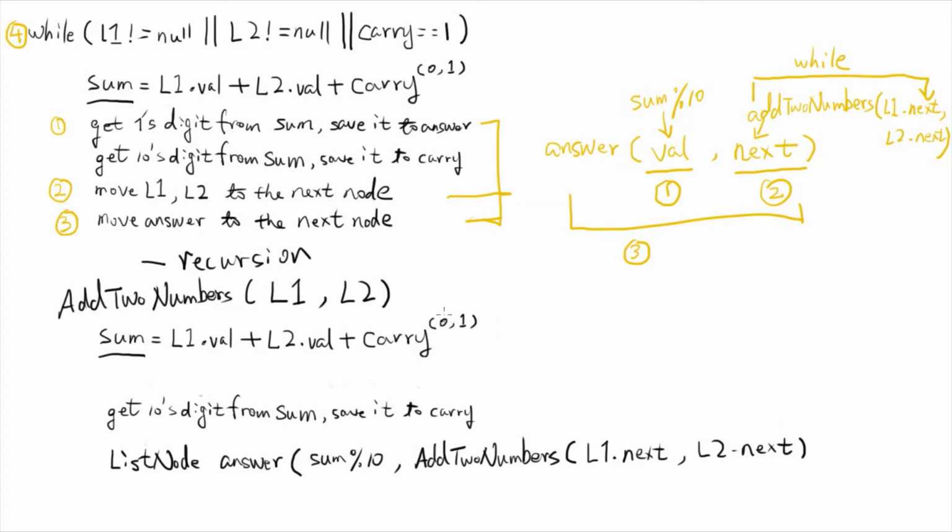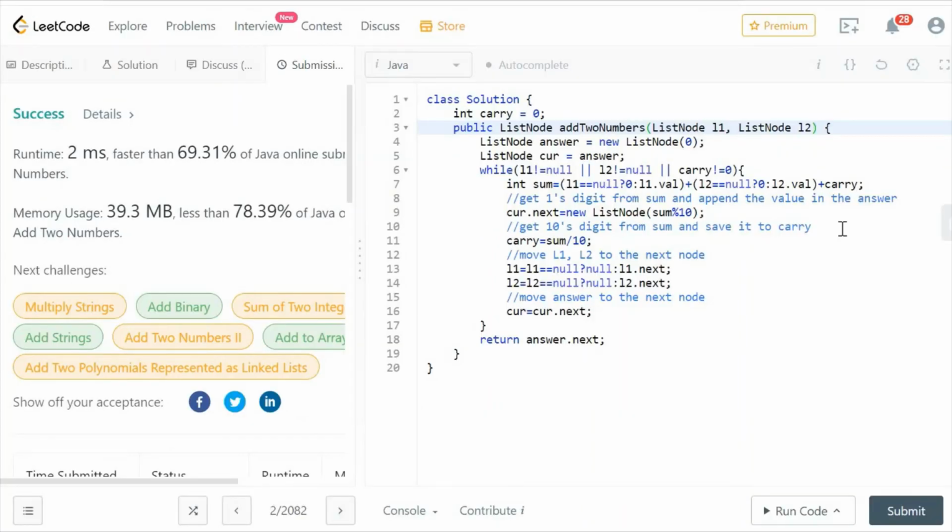Next, we'll go to the LeetCode website to develop the code based on our pseudocode and test our code. Here is the code we developed for our previous solution. We'll modify it for the recursive solution. For every recursive solution, there is a stop condition.